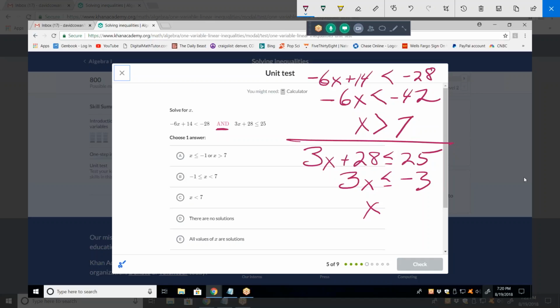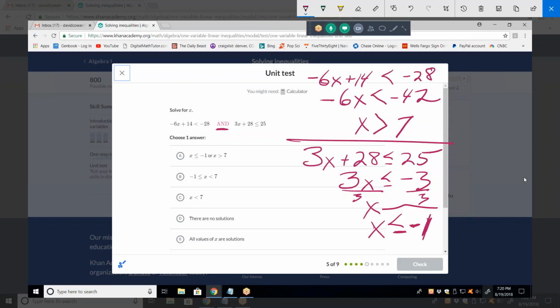So x is greater than or equal to... This time I'm dividing by a positive number. It's not the negative 3 on the right that you have to worry about. It's what you have to divide both sides by. And I'm dividing by a positive 3. So I don't change the direction.